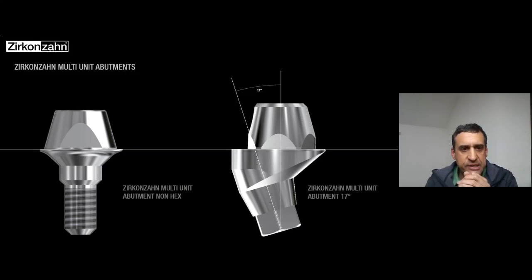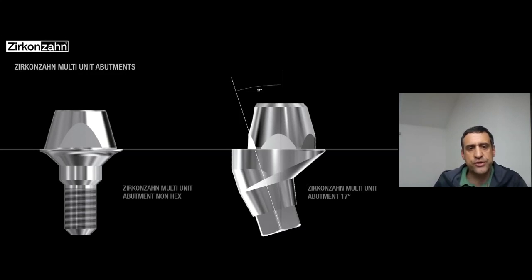Okay, here you can see from this slide the two different multi-units that we have, the straight one and the angulated multi-unit with 17-degree inclination. But the difference is the lower part of the multi-unit. The straight one, of course, is not a problem to explain.